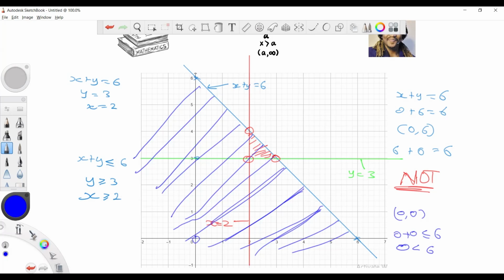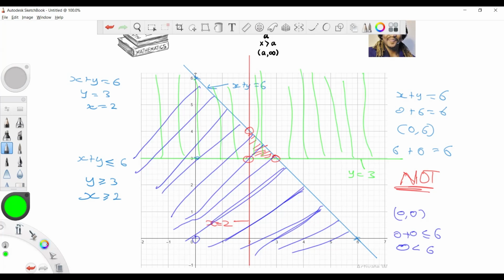And then for y greater than or equal to 3, we can see that the line is y equals 3, and the points that are above this or equal to it would be on this side.